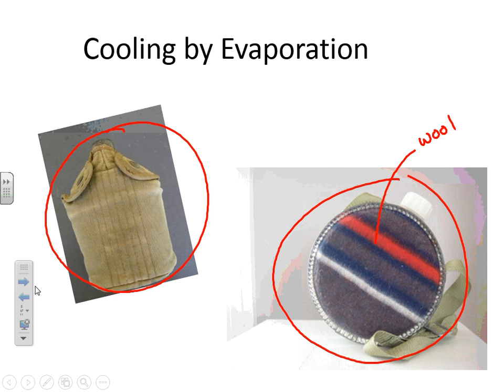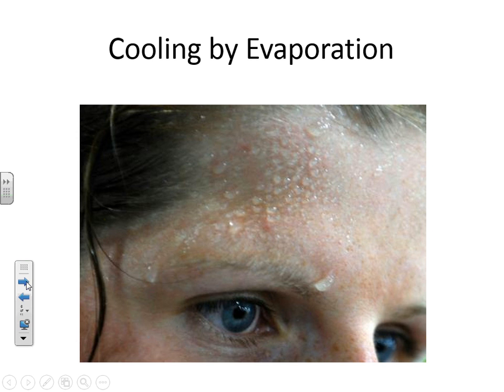When you get either the canvas wet, or you get the wool wet, as the water evaporates, it takes energy to evaporate, so it keeps your water cool in your canteen. When we sweat, the energy comes from our body, so it actually cools us down because it's removing some of the heat energy.